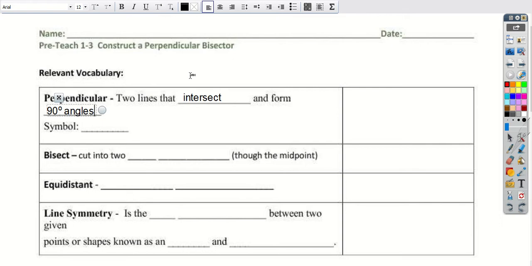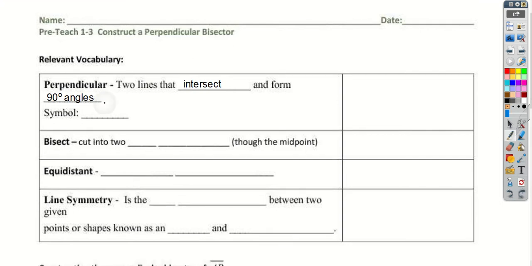The symbol for perpendicular is a capital upside down T. A picture would look something like two lines that you would draw, and when they meet, we get a 90-degree angle formed. And if one of the angles is 90, they're all 90, so just keep that in mind.